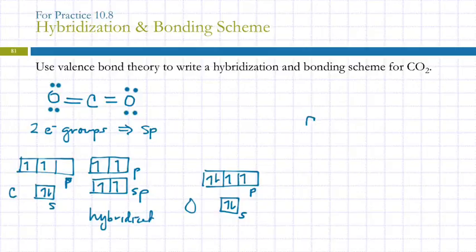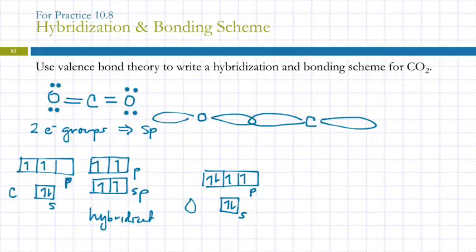Okay, so I'm going to put carbon in the middle. It's going to form sigma bonds with the oxygens. So we've got the sp hybrid orbitals, and that's going to overlap with a p orbital on the oxygen. So we have a pair of electrons there. And here we have oxygen with a p orbital.